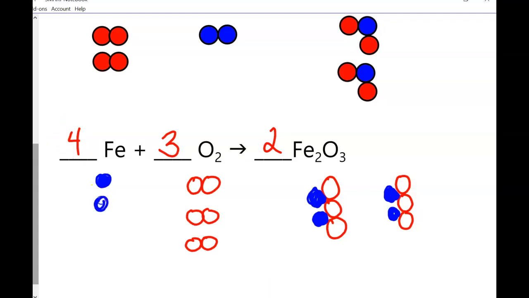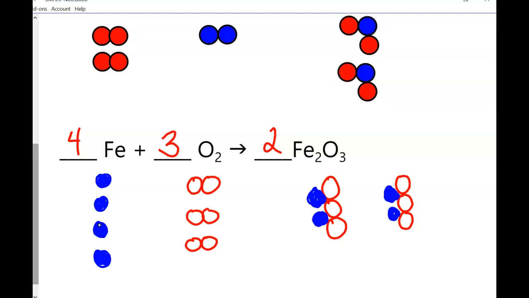So 1, 2, 3, 4 of these iron atoms. Now we have 4 iron atoms on the left side, 4 iron atoms on the right side, 6 oxygen atoms on the left side, and 6 oxygen atoms on the right side. So the balanced chemical reaction here is 4 Fe plus 3 O2 yields 2 Fe2O3. All right, that's how I would read that equation out.